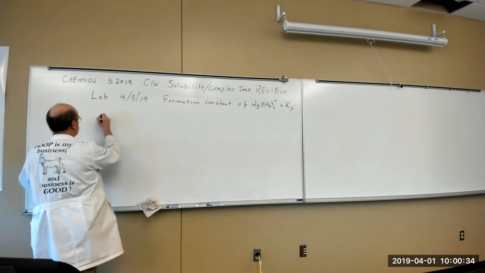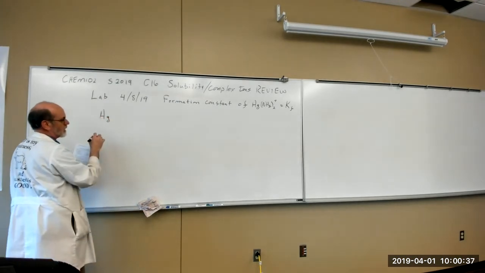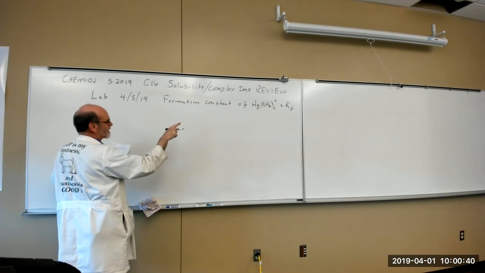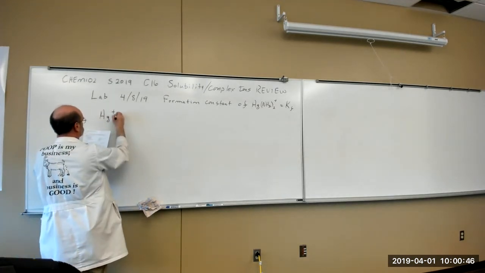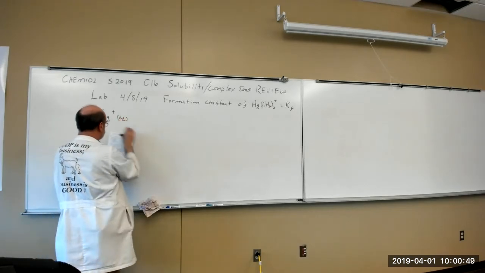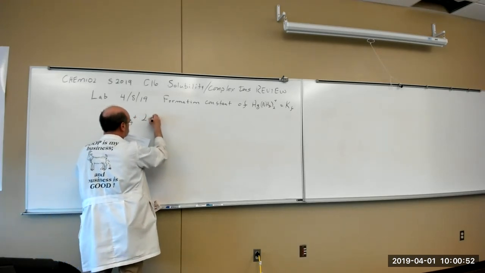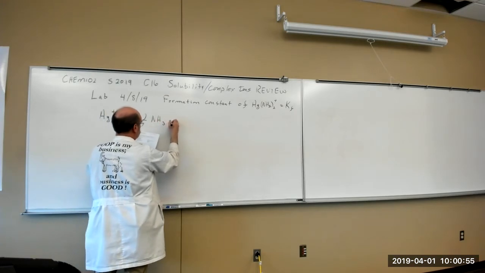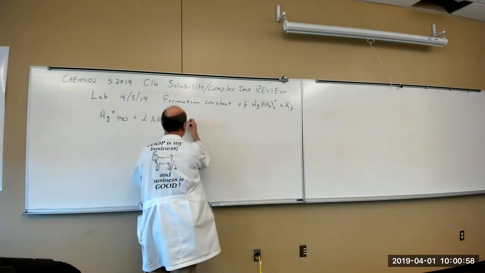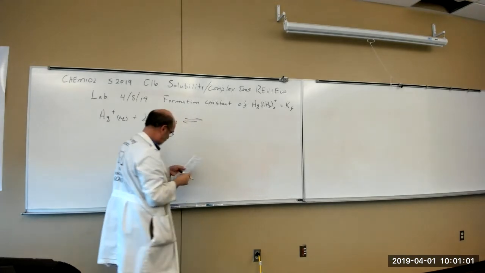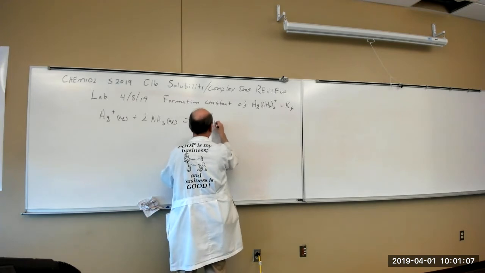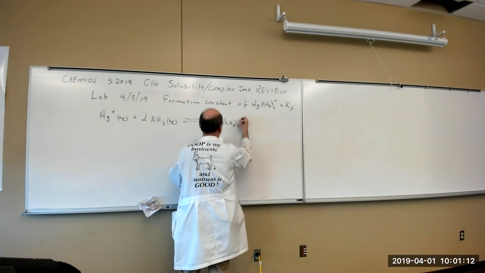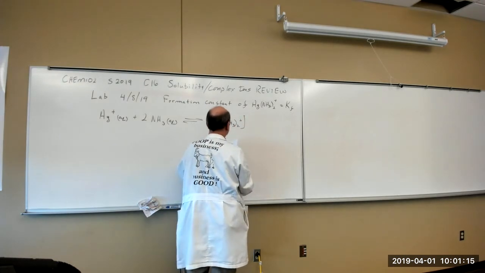The formation constant for the diamine silver 1 complex ion is, if these ions are in solution, we're going to have ammonia in solution, and it's going to form this complex ion, like that.